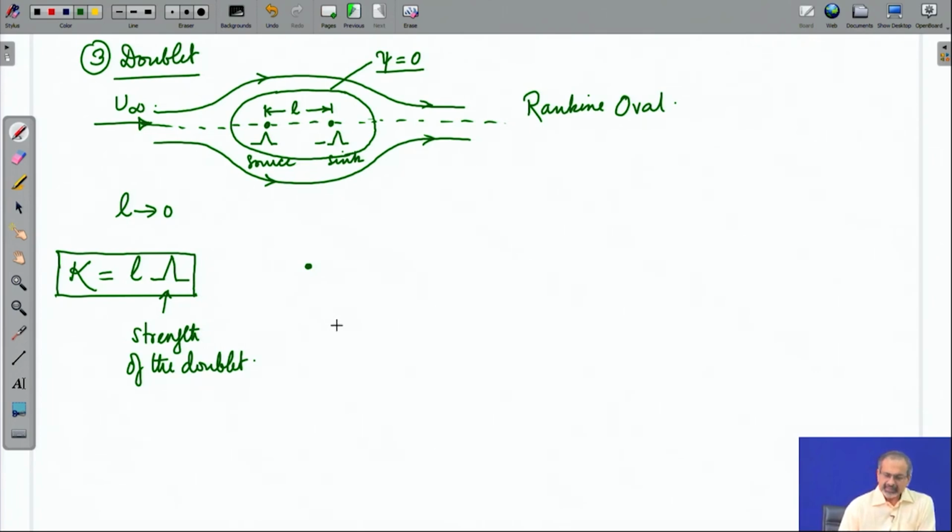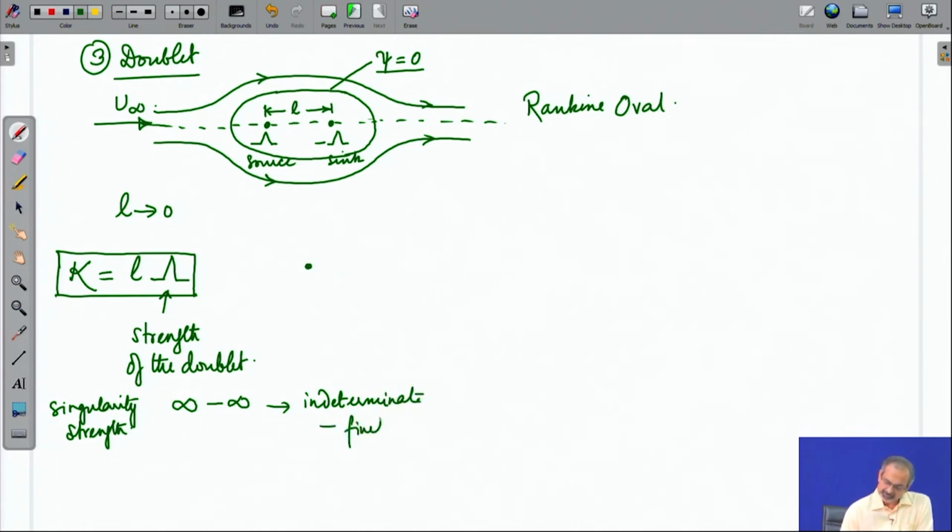Now, in the limit as L tends to 0, you would end up having a kind of infinity minus infinity strength singularity. But though this is indeterminate, it can still have a finite value.